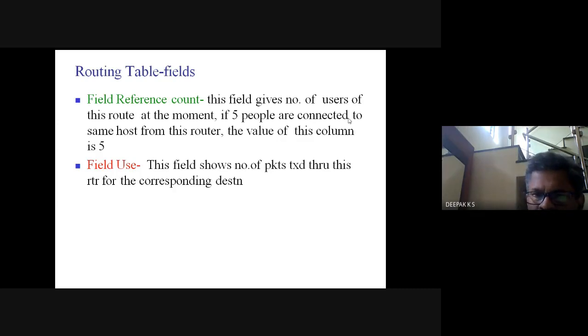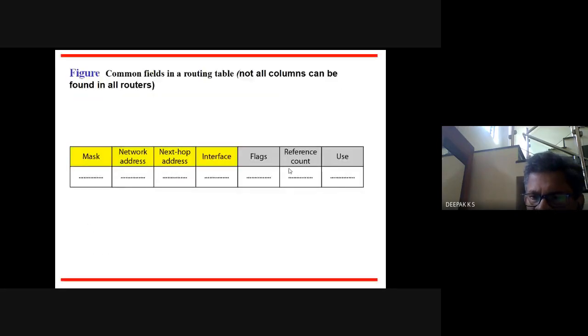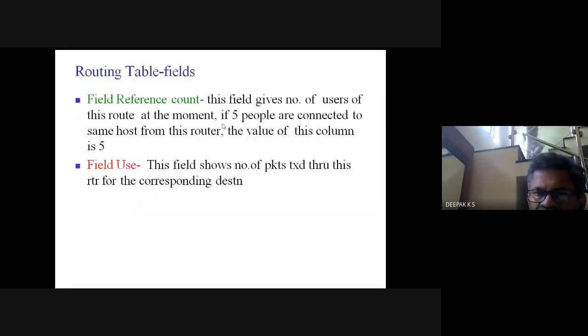If 5 people are connected to the same host from this router, the value in this column is 5. So if the value is 5, apart from us, some others are using the same route. That is the reference count field. These are all dynamic, so this has to be updated dynamically.